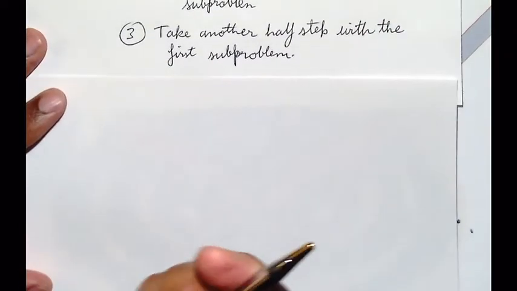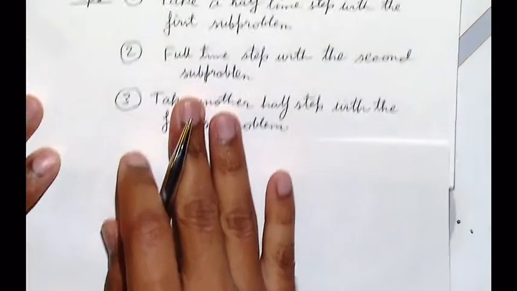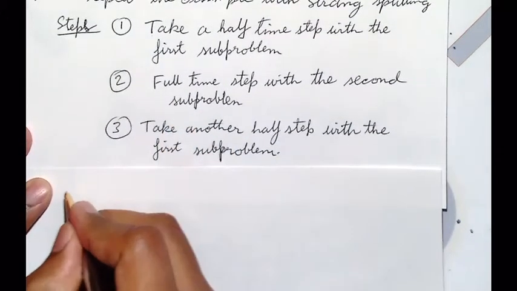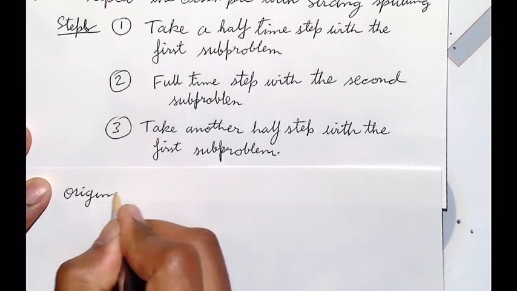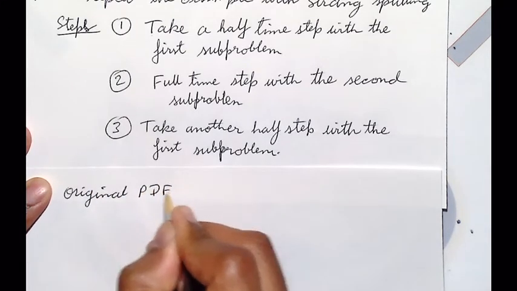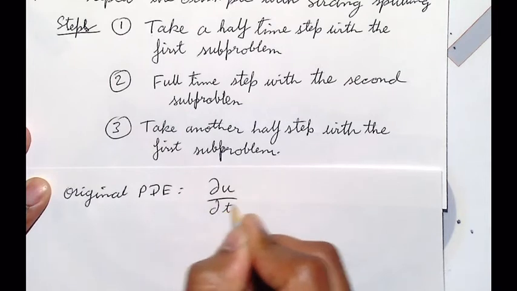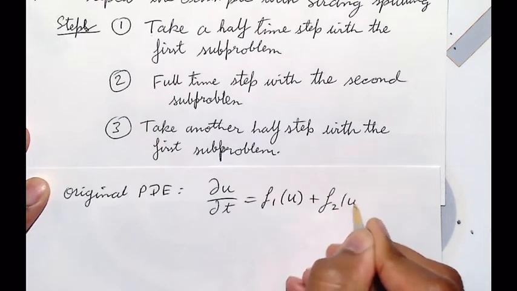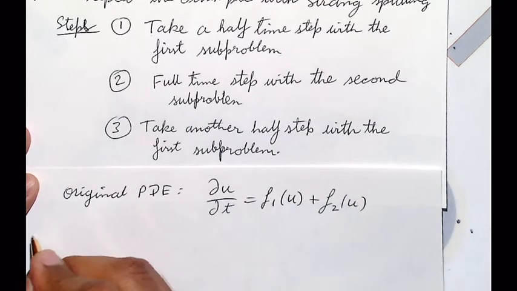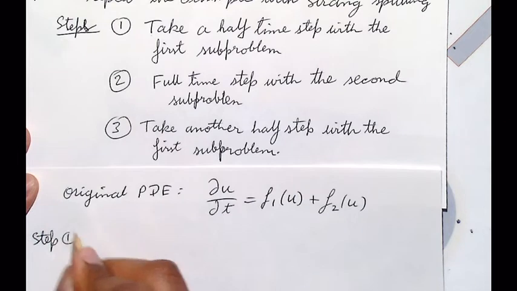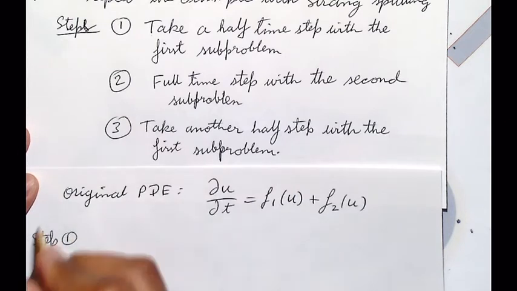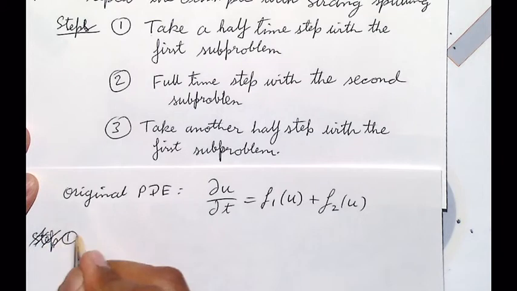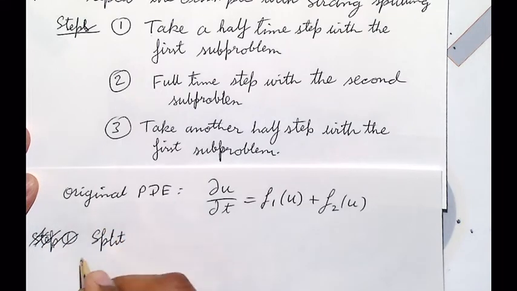So the original PDE is del u by del t is f1 plus f2. Okay, step 1. Well, no, let's do the split equations first. What is the first split?